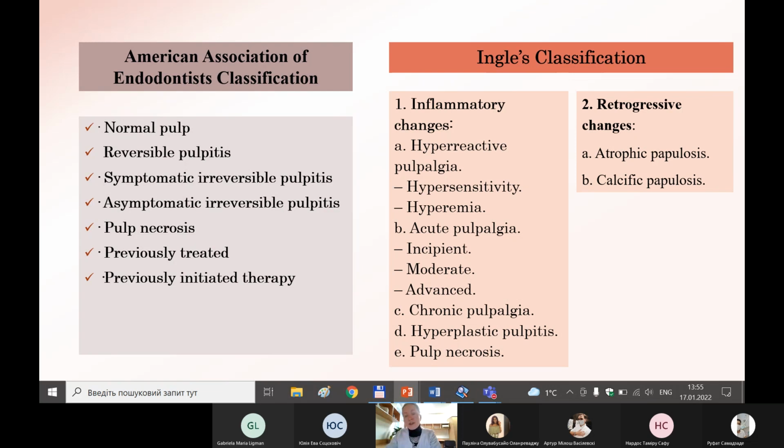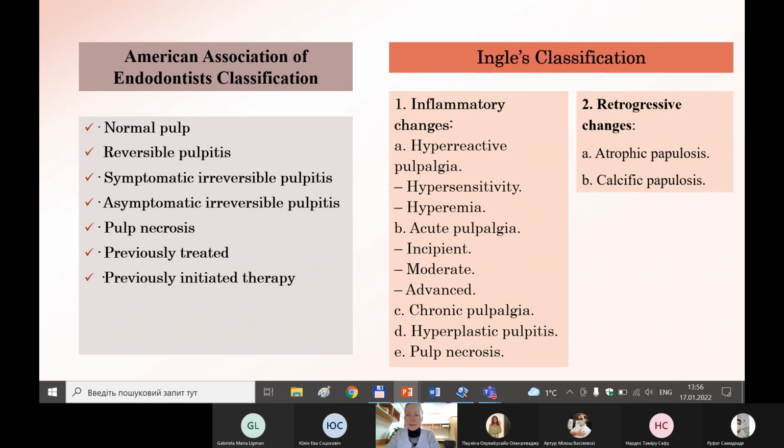So Ingle's classification is another classification that can be found, and according to it we have inflammatory changes and retrogressive changes. Inflammatory changes are hyperactive pulpalgia, hypersensitivity, hyperemia. Acute pulpalgia can be incipient, moderate, advanced.